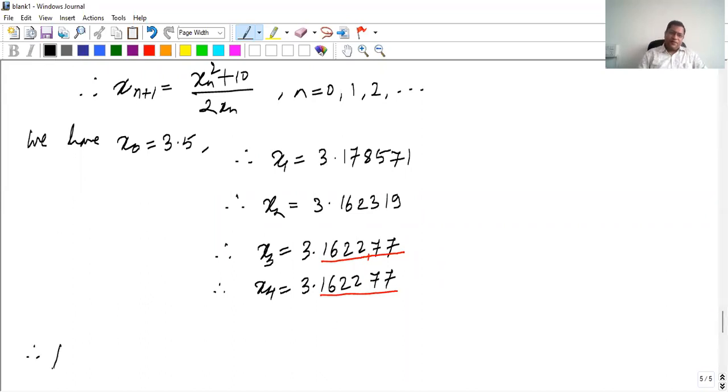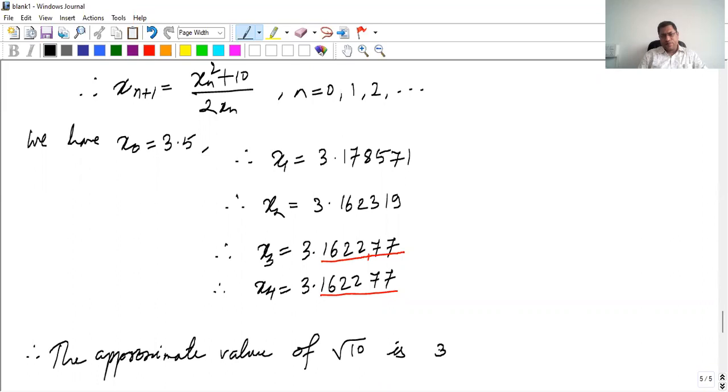So we can say the approximate value of root 10 is 3.162277. And we have seen that it is correct up to 10 raised to minus 6.